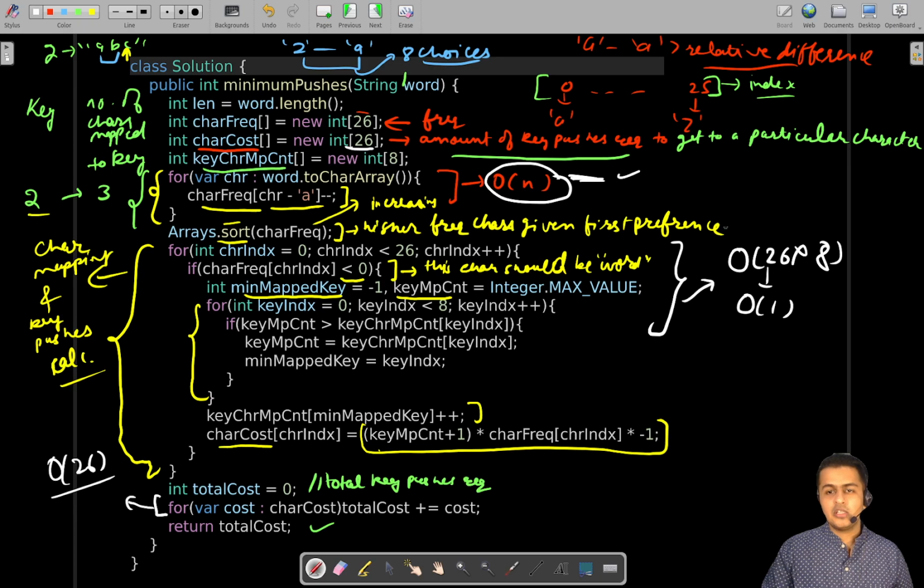And if you are saying that frequency sorting will do something, it will also result in constant complexity, so you can take it to be order of 1, and that is why overall the time complexity will be linear.